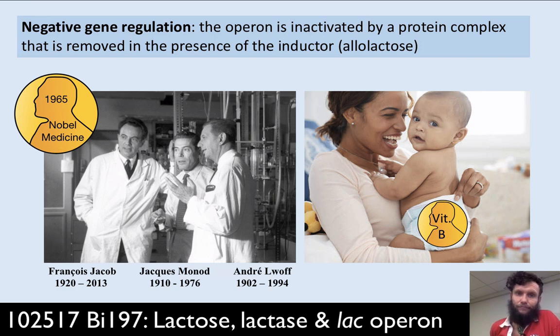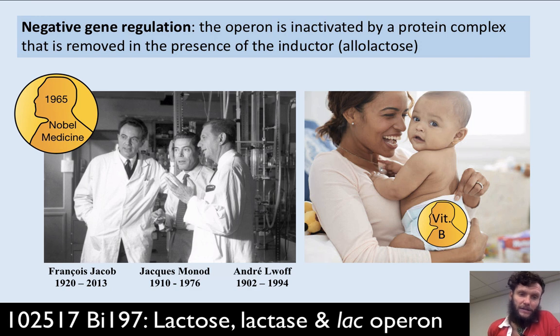These guys figured it out in the late 50s and early 60s, which is kind of incredible considering we didn't even know the structure of DNA until maybe a decade before that with Rosalind Franklin, and Watson and Crick.